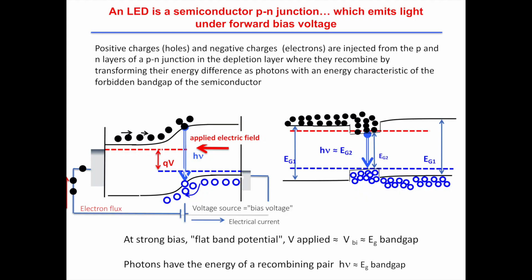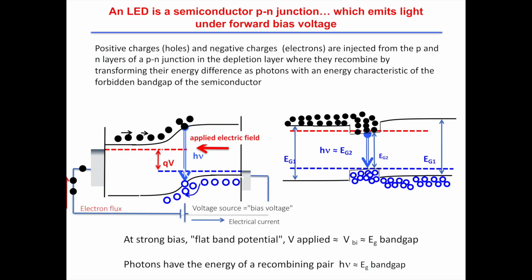You have to make it a little better to have efficient light emission. You would have some emission. Any p-n junction, piece of material with p and n regions, will emit light. And this was observed at the beginning of the 20th century, very early. But if you want it to be efficient, of course, you have to play some tricks.